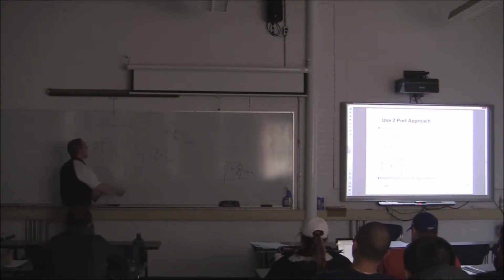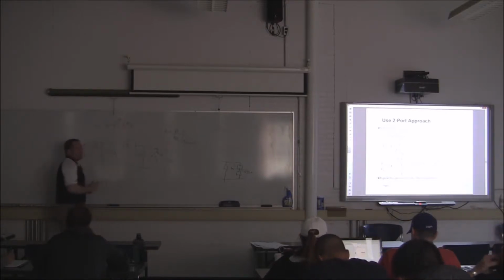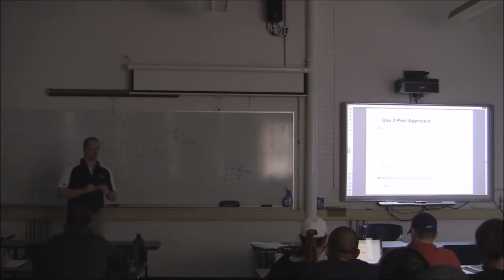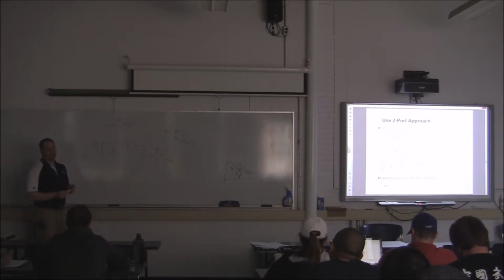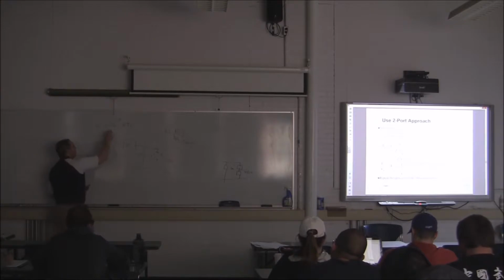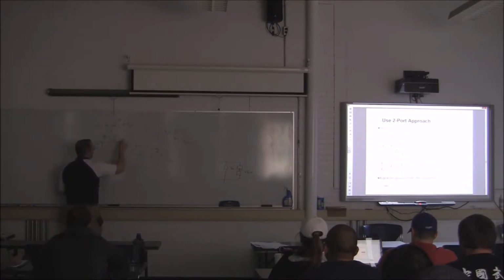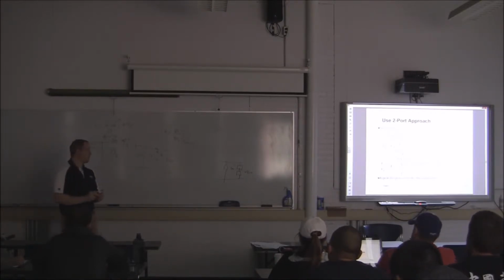Yeah, if I say that VR equals 0, right? What happens to A times VR? This is 0. So B equals VS divided by IR when VR equals 0. How do I make VR equal 0?